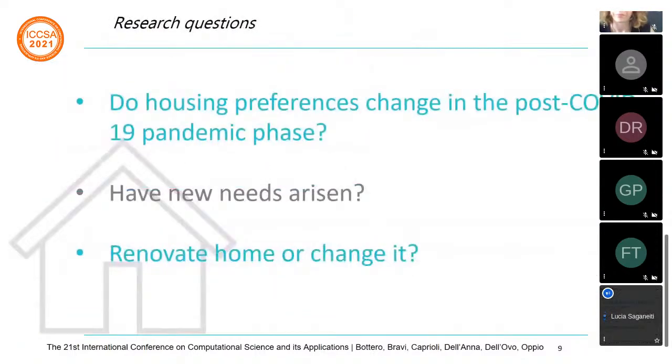Given these premises and in this context, we decided to develop a questionnaire not focused on the health of people or their behavior according to their perception, but more on how they would like to modify their own places, and whether they would like to change not only the place within their walls but also move to another context, another city, or a more peripheral urban area.